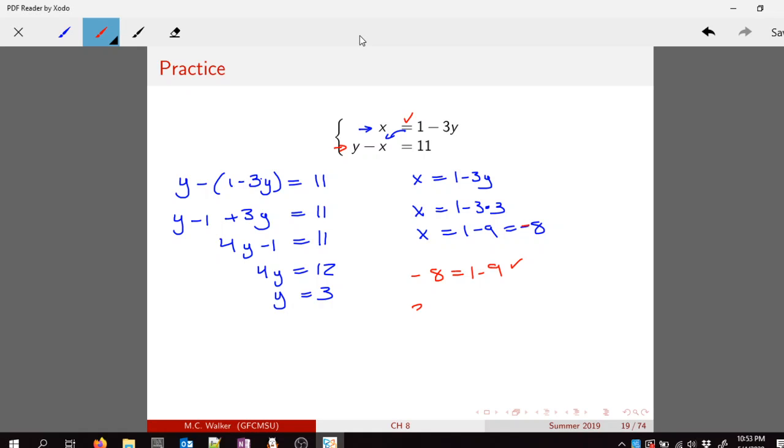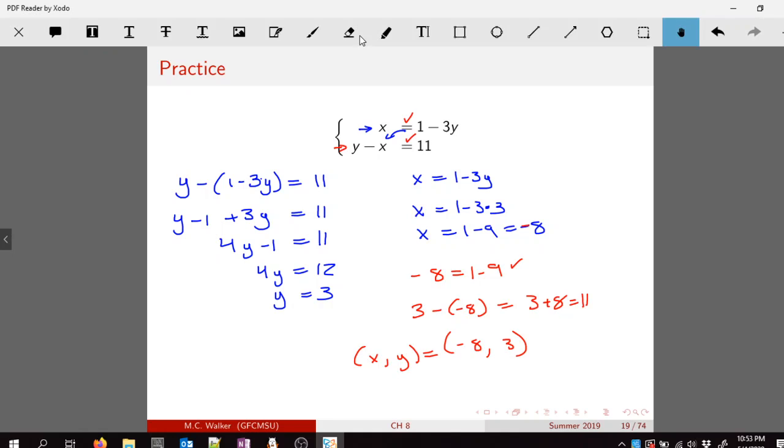So that's 3 minus a negative 8 is equal to 3 plus 8 is equal to 11. So the second equation checks out too. Our solution is x, y equals negative 8, 3. Great. Next problem.